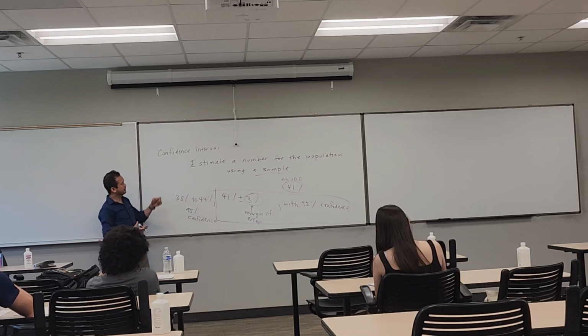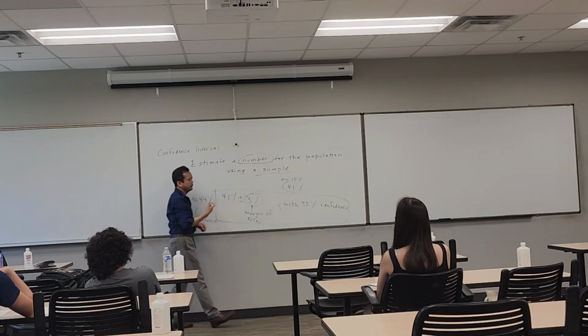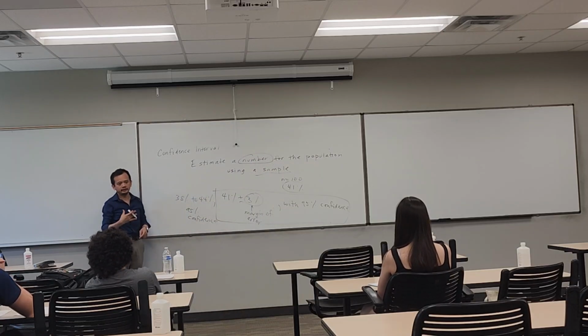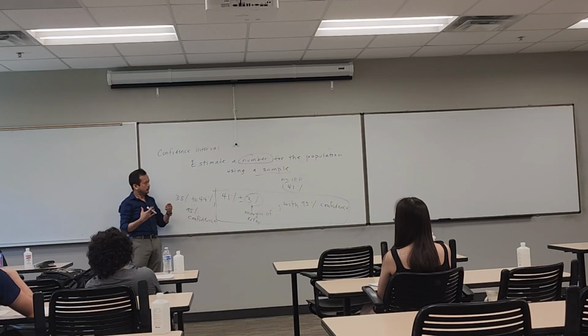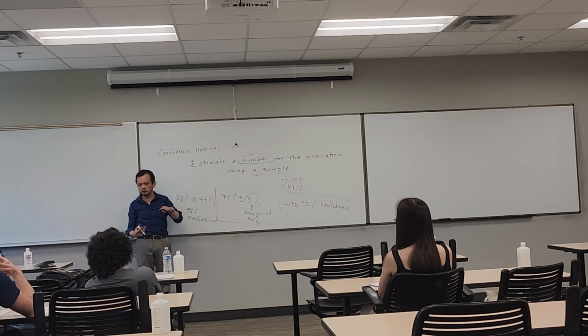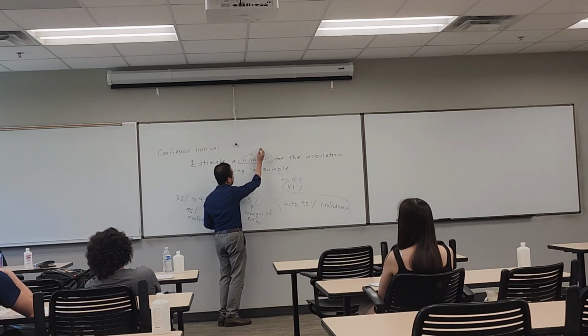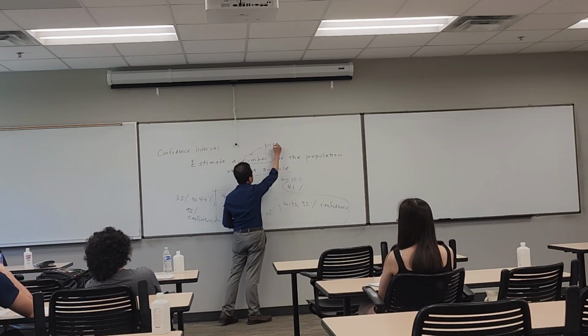So we said the point of a confidence interval was to estimate some number for the population using a sample. And so far, that number that we've talked about has a particular meaning. So far, we've talked about a percentage of Americans that approve of the president, or a percentage of success. Or you can always convert a percentage to a proportion, or a proportion of success. So the number that we've talked about so far was a proportion of success.